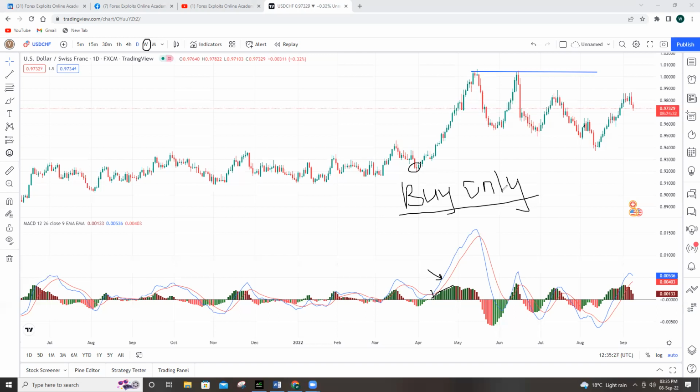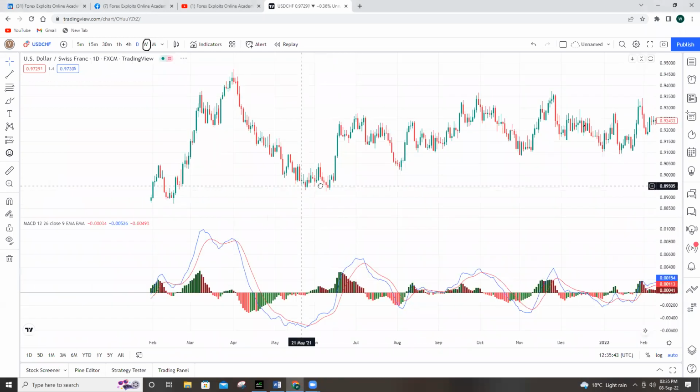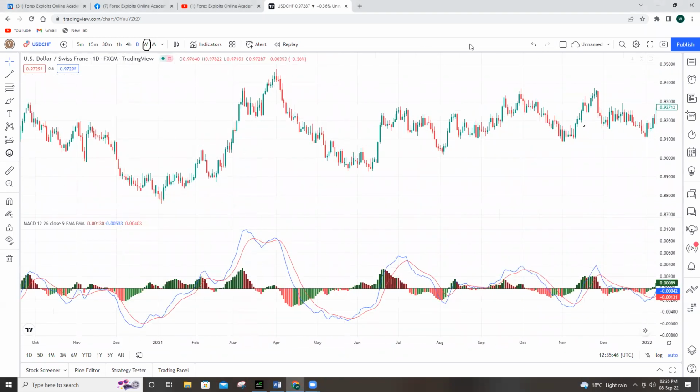Suppose you want to find a higher time frame sell. You want to identify a sell only kind of trend. So of course you can check where there was a sell. So you go to your higher time frame of choice.